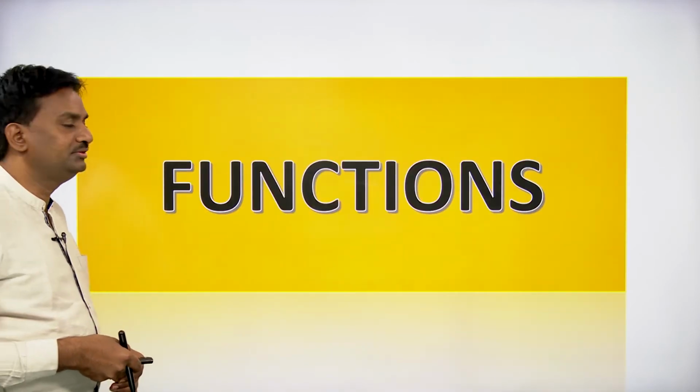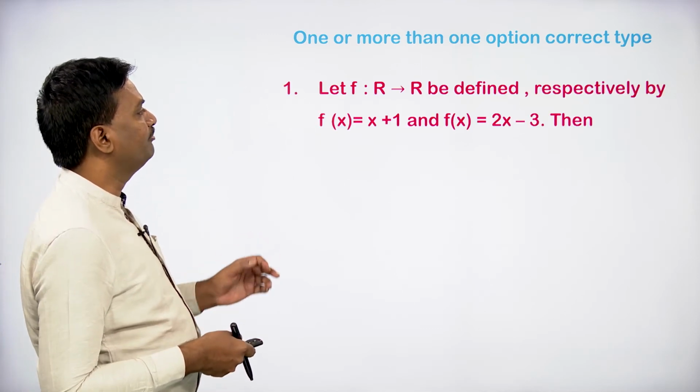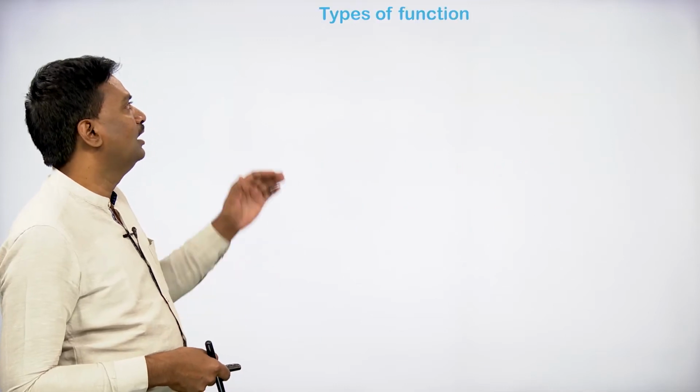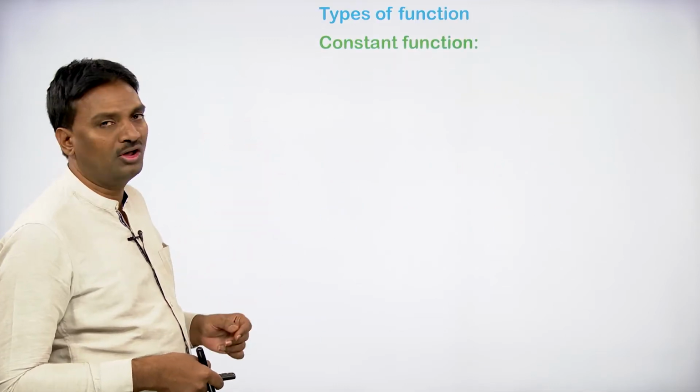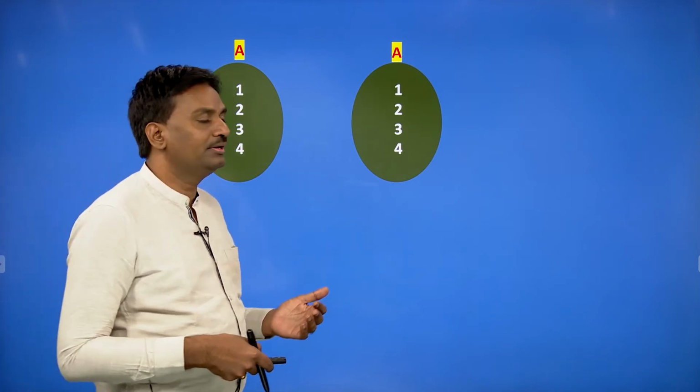Functions is the chapter name. Here we have let f maps. Already we have completed this in the last class. Next, all the types of functions. Constant function is completed. Identity function is also completed in the last class, and we discussed the graph of the example and graph of the identity function.